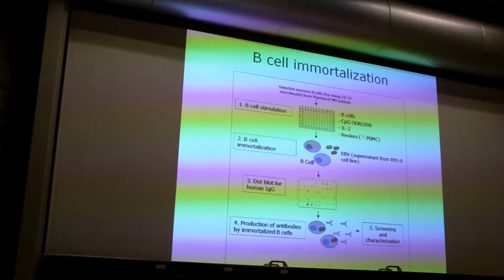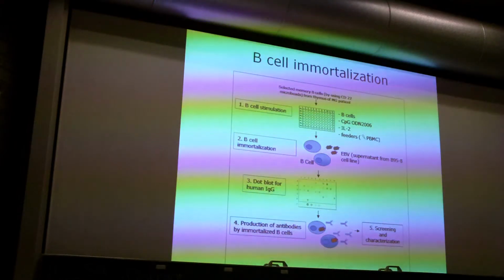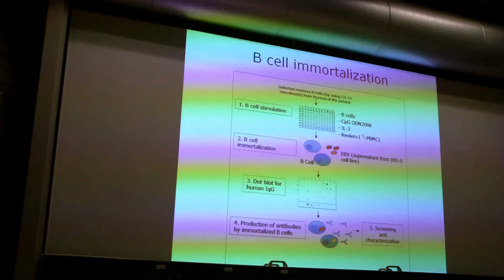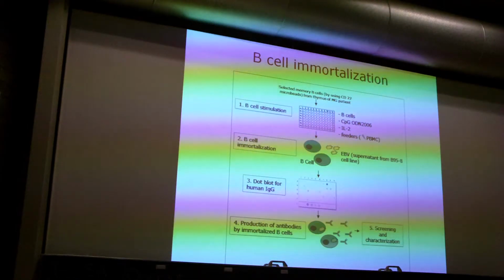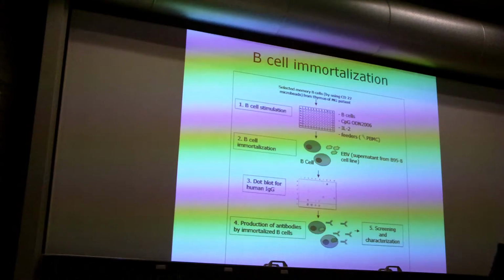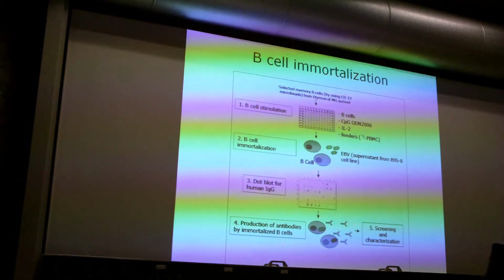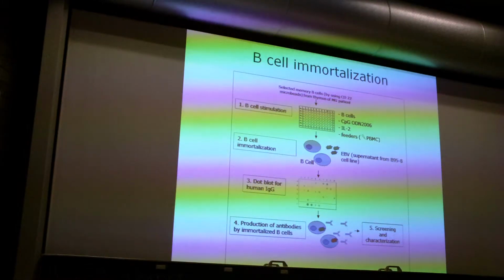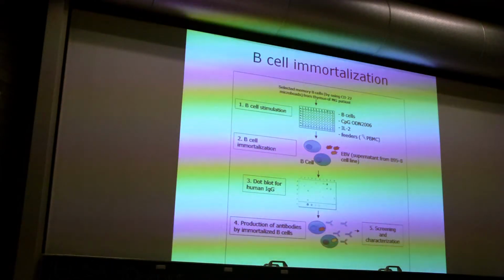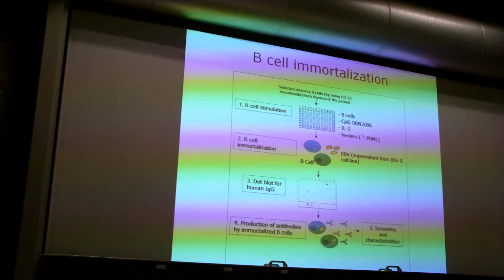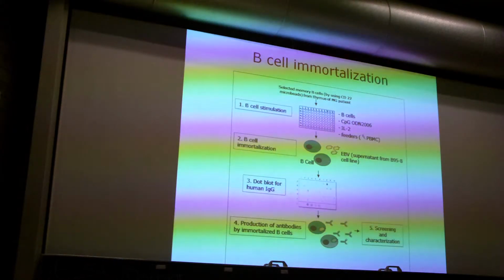Of course, since this is an ELISA plate format, you can also use a cell culture supernatant in an ELISA. It's also easy to transfer 1-to-1. It's also doable. And the next step, of course, is to screen all of the clones that you've generated for the activity that you want. I mean, there are lots of different antibodies produced there, so you need to find the right one. But there are two ways of making this a little bit more efficient.